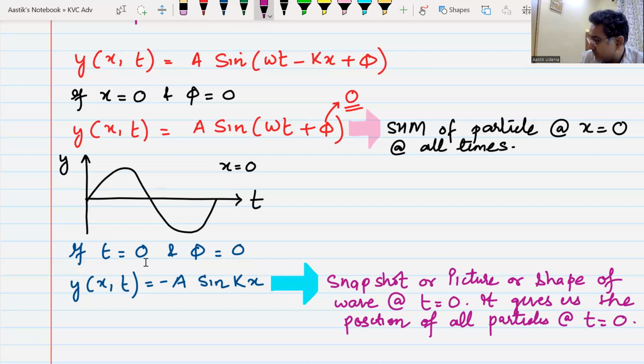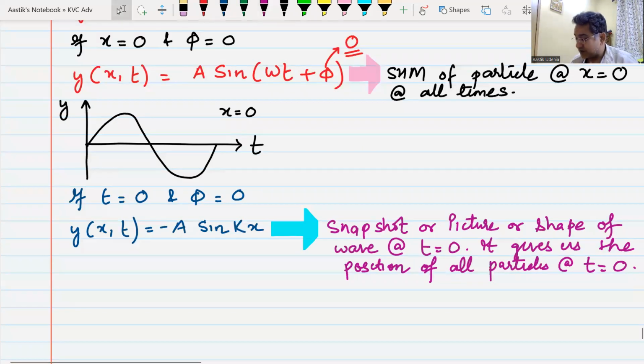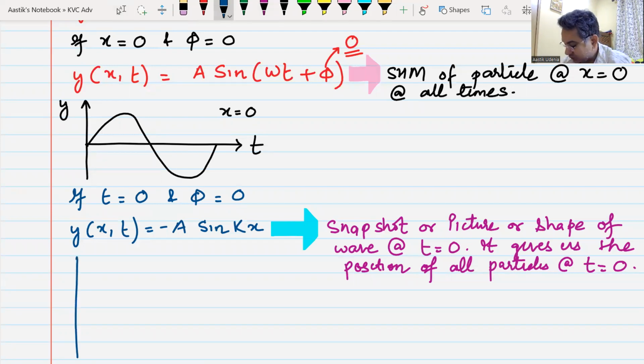So if I now draw a graph between y and x, it is a negative sine graph, so I will have to draw the graph in the reverse order.